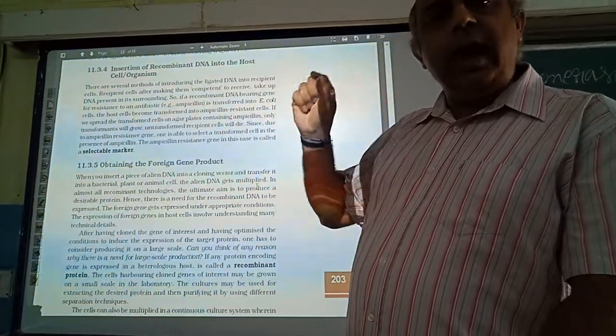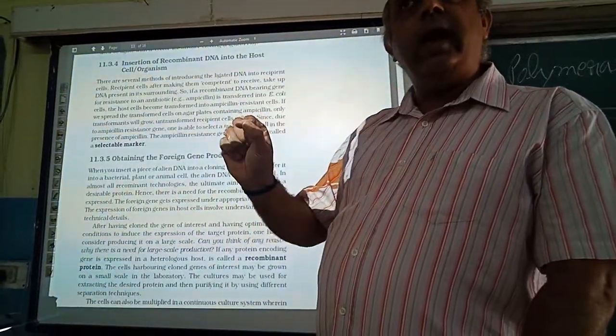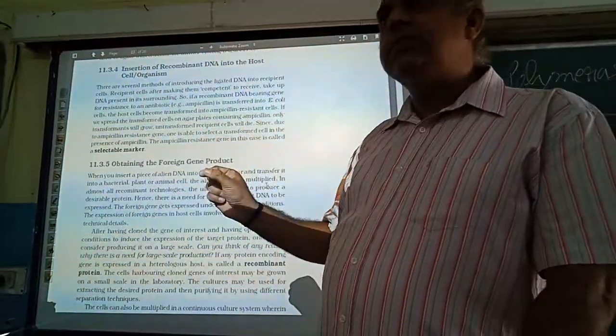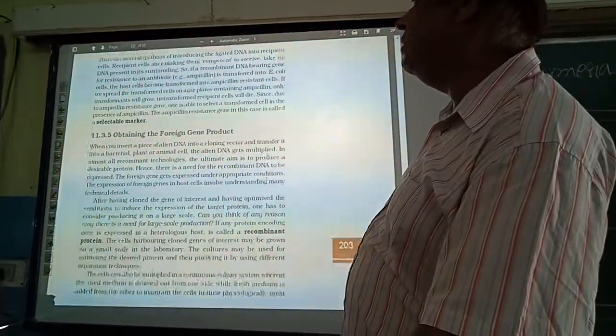And the genes that provide resistance to plasmids and to the transformed cells are called selectable markers, which we have studied already. Okay.